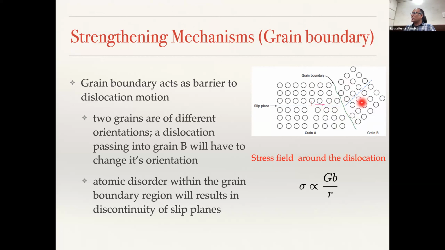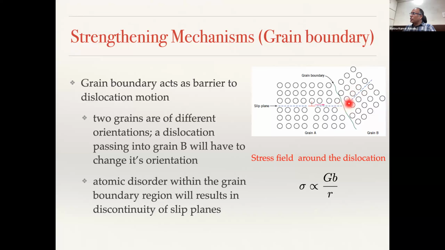These two grains are meeting. And hence, the dislocation which was otherwise moving happily and nicely in this grain will see a barrier here when it hits a grain boundary. And then it becomes difficult for this dislocation to break open the grain boundary and move into the next one.